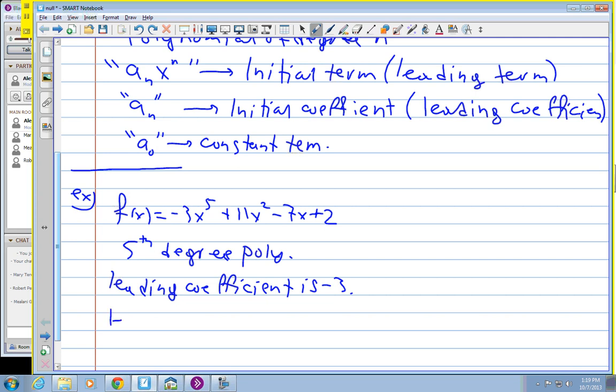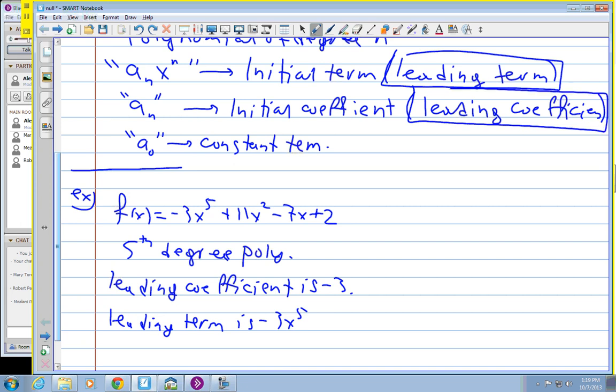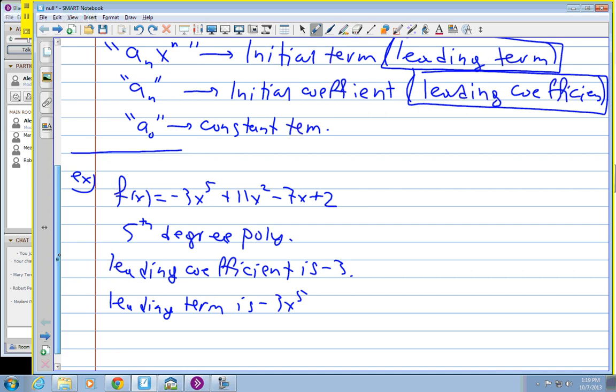So the leading term here is negative 3x to the power 5. Okay? So usually when we say coefficient, that just implies that you're looking at a constant. Okay? So yeah, your book actually uses the leading term and the leading coefficient language. Sometimes you hear initial, but we're just going to call it leading from now on.